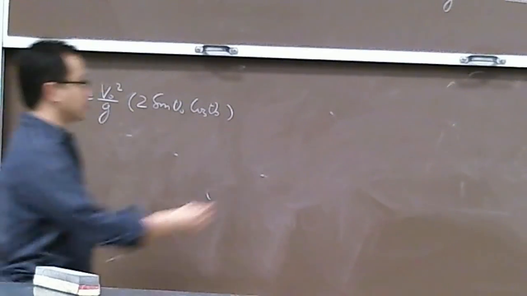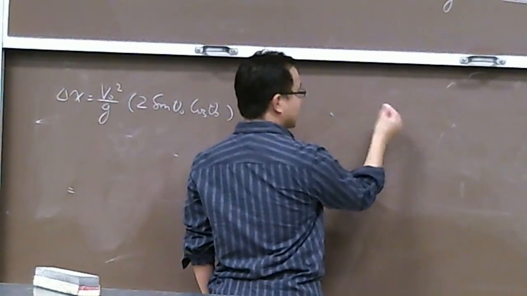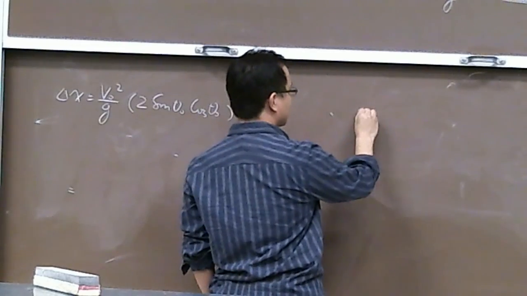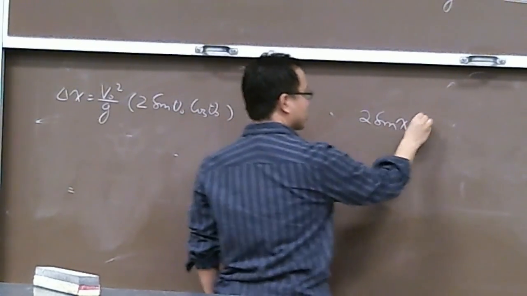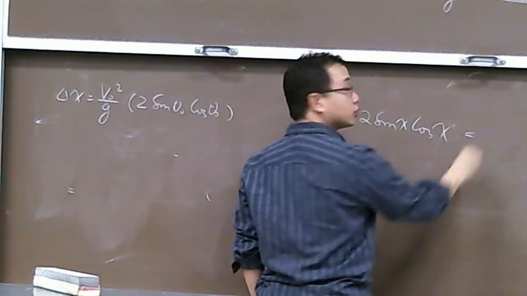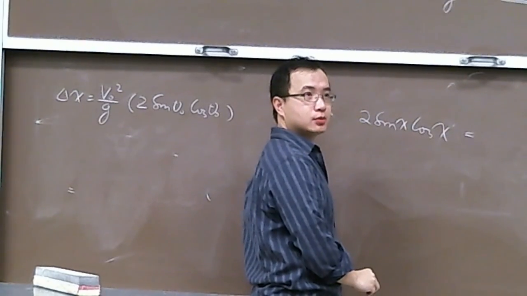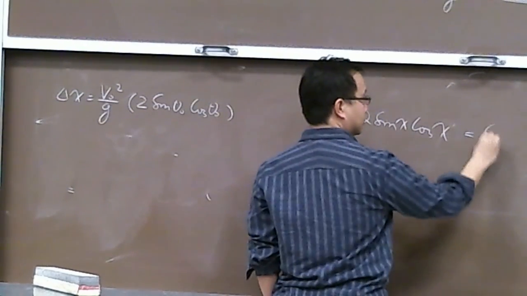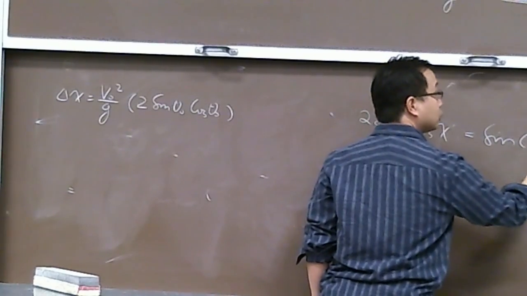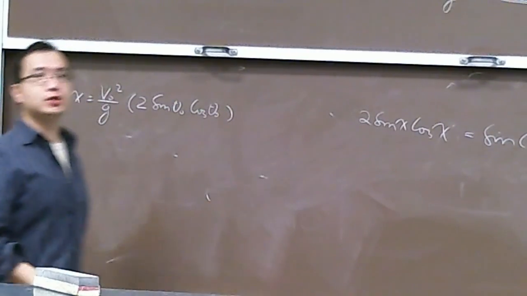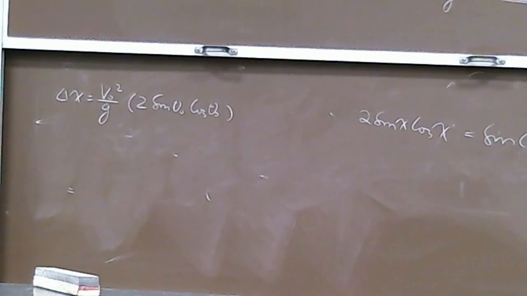I think you have learned this before. If you have the trigonometric angle, say x, so 2 sine x cosine x should give you what? Sine 2x, right? This is the trigonometric identity.